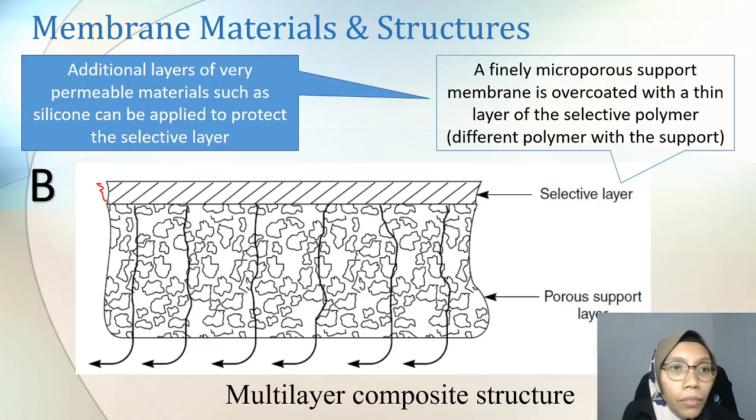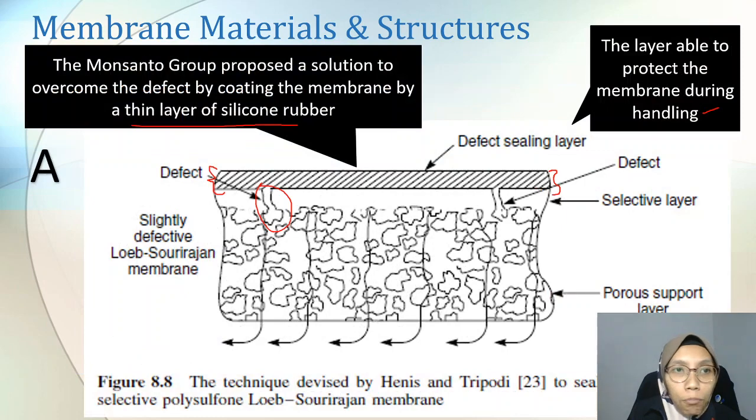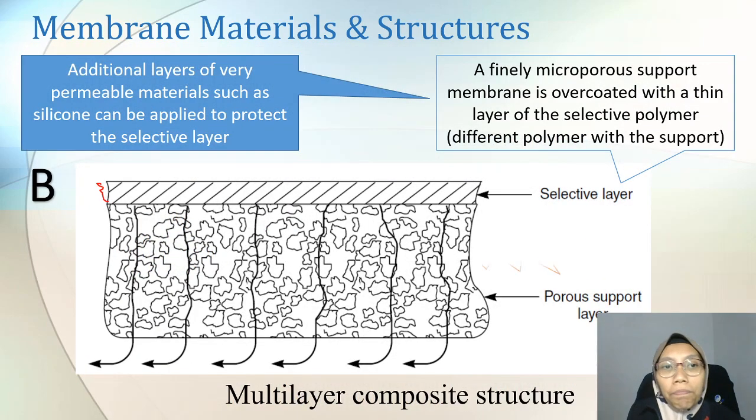And the selective layer can also be coated with another silicone, as proposed by the Monsanto group just now.